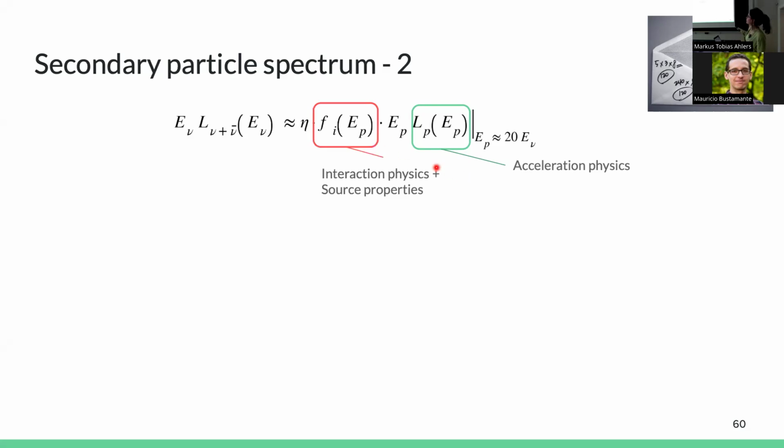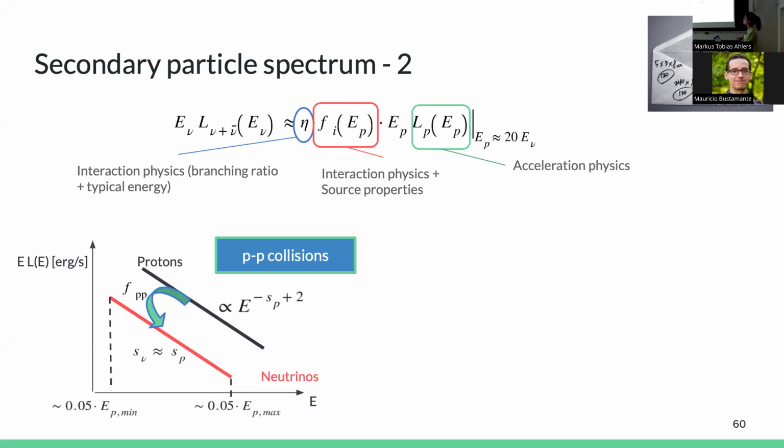This term accounts for the interaction physics and the source properties, how big is the source, how dense is the source, and so on. And this is the interaction physics. It depends on the branching ratio of the interaction, how many charged pions over neutral pions are produced per interaction. Having this very convenient formula, we can see how the neutrino spectrum is related to the parent proton spectrum that produces the neutrinos.